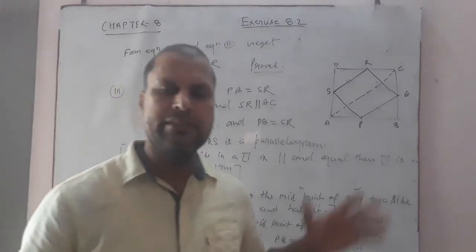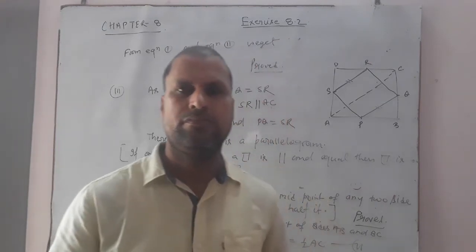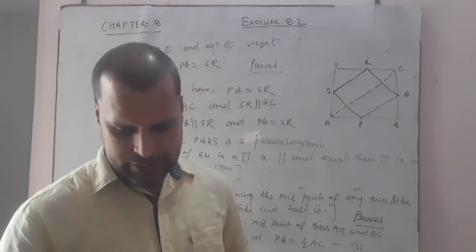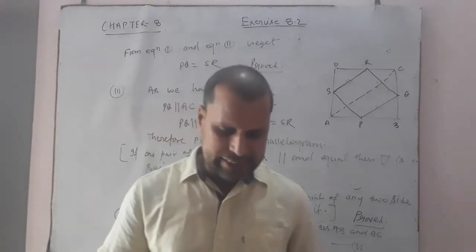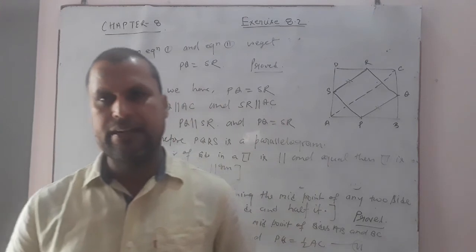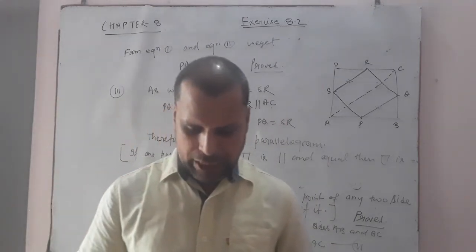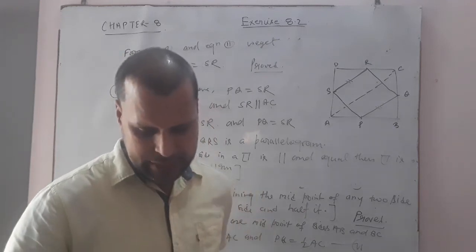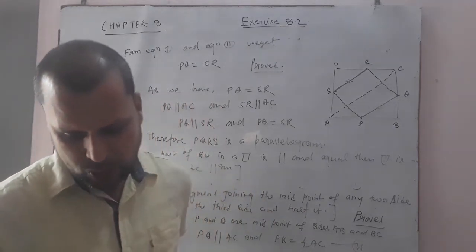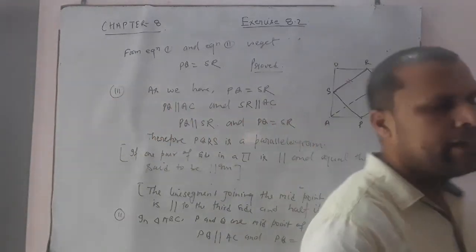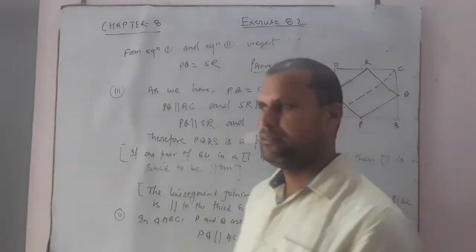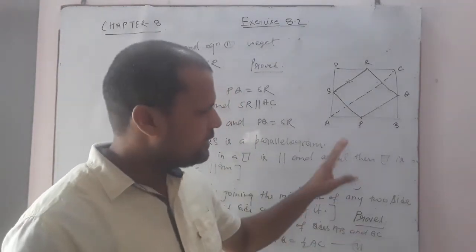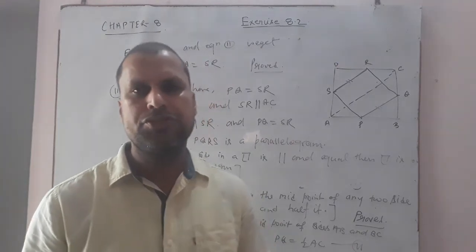So on the basis of this theorem, you can solve other questions. See question number second. ABCD is a rhombus and P, Q, R, S are the midpoints of the sides AB, BC, CD and DA respectively. Then show that quadrilateral PQRS is a rectangle. This question is like the first question.